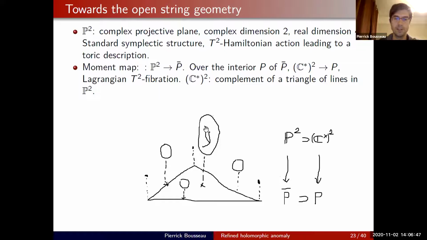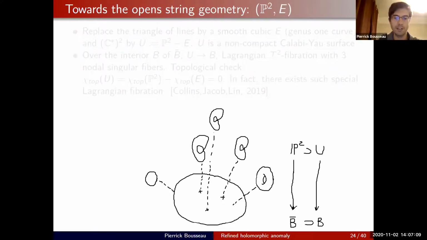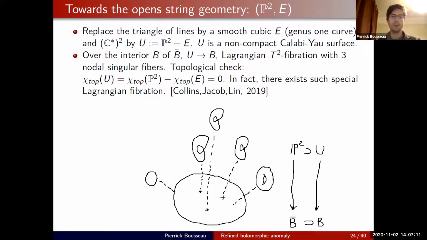So you can view P2 as a fibration over a triangle, and over the interior of the triangle, it has a smooth torus fibration. In fact, over the interior, what you get is just C star squared, a complex torus inside P2, which admits a trivial torus fibration over the interior of the triangle. Now the geometry we'll care about is some modification of this picture, where you replace the boundary of the triangle, so the 3 lines, by something smooth.